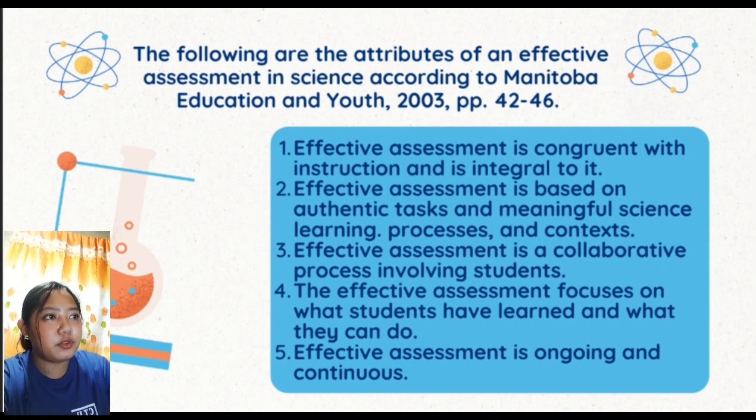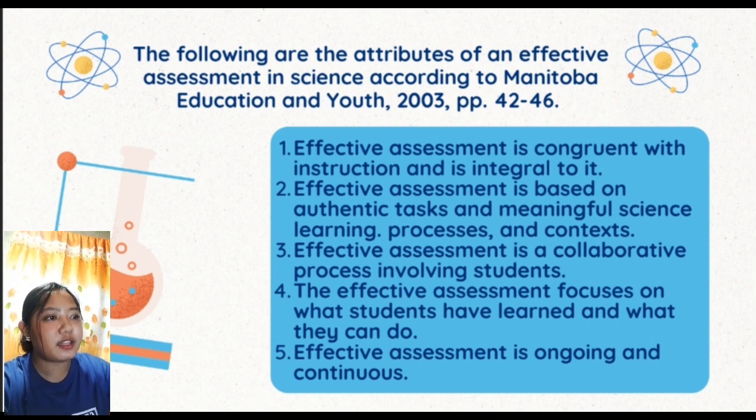Following are the attributes of an effective assessment in science according to Manitoba Education and Youth 2003 page 42 to 46. So first is that effective assessment is congruent with instruction and is integral to it. Number two, effective assessment is based on authentic tasks and meaningful science learning process and context.